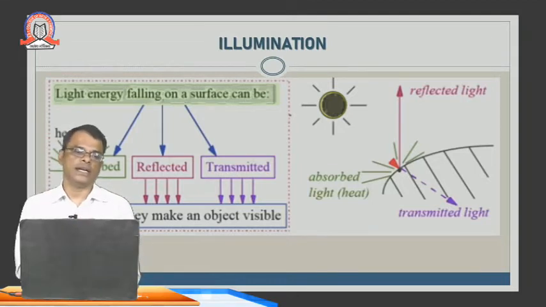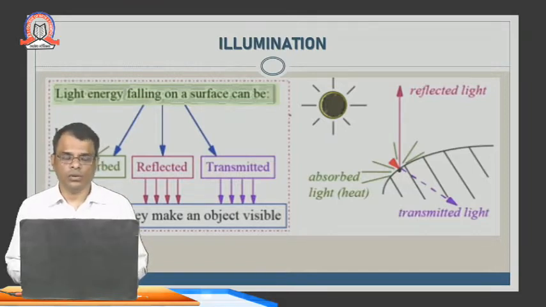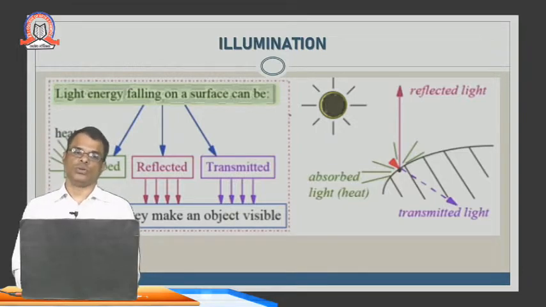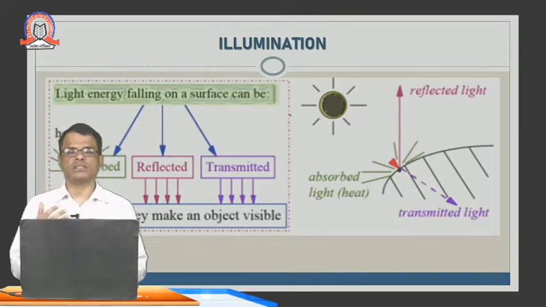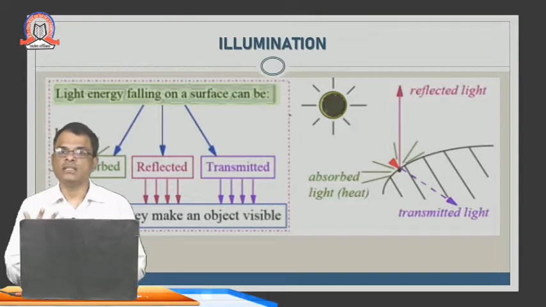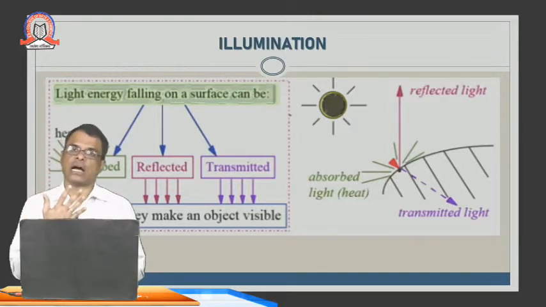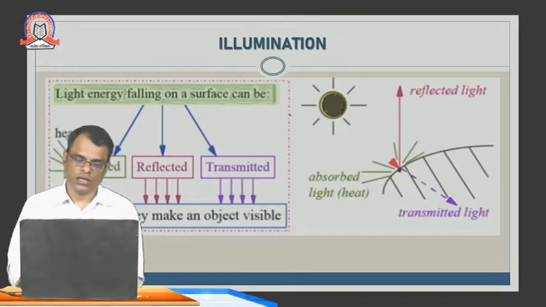Due to this, the object becomes visible to you. This is similar to our eye mechanism. Whenever the light falls on the surface, it reflects to your eye, and that makes that object visible to you. The same technique is used over here also.